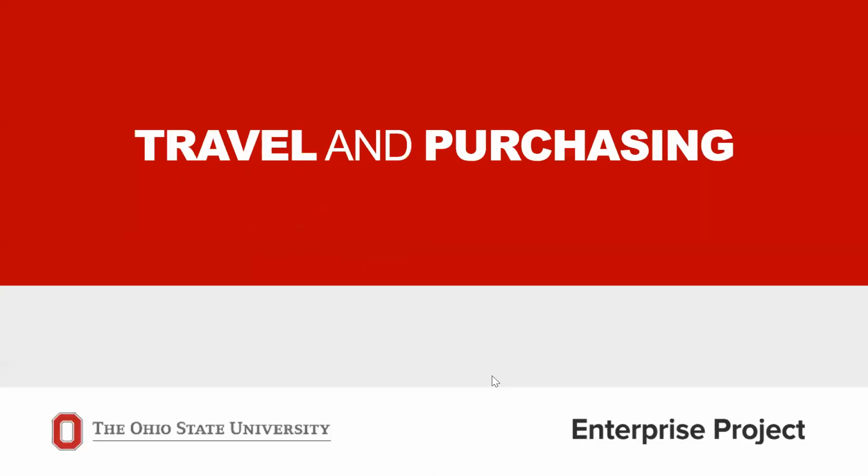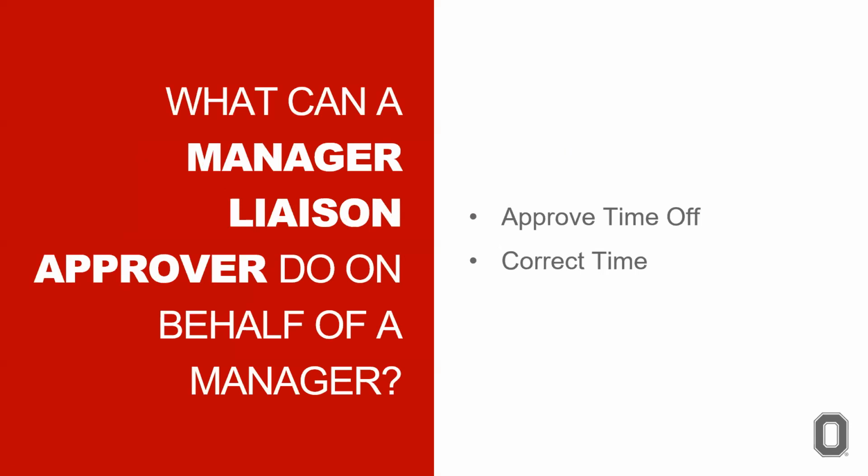Okay. All right, we can jump back into the PowerPoint and talk about manager liaison approvers. This was something that I mentioned at the top of the training. We've only been talking about initiator up until right now. But as you mentioned, there are two types.